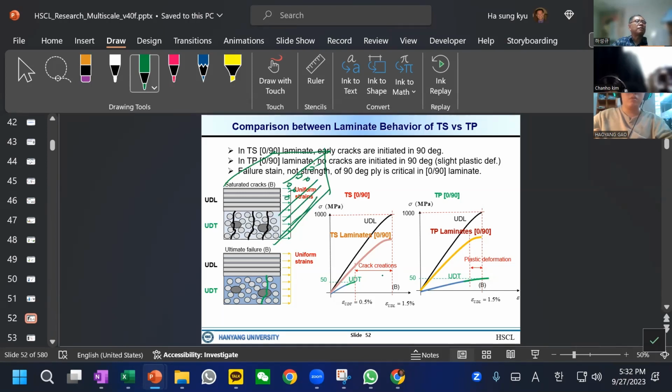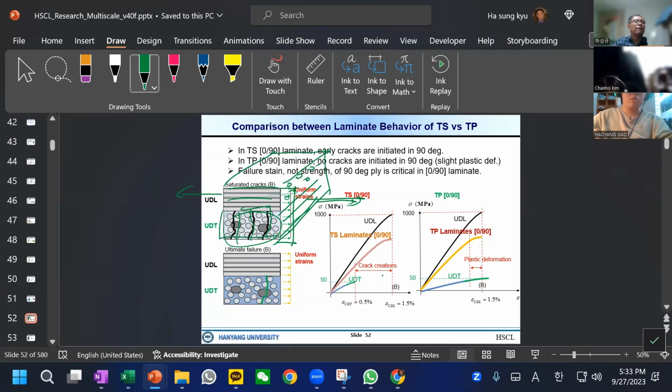Let's say this is a 0 and 90 laminate, and we subject it to a load like this. This one will be very strong, but as I mentioned, this layer can be very weak under this load. But they have to deform together, so cracks can easily be generated. Why?